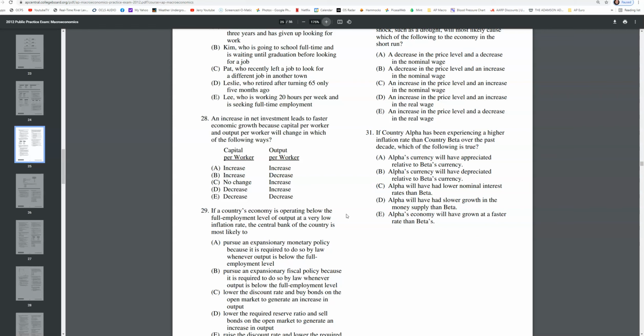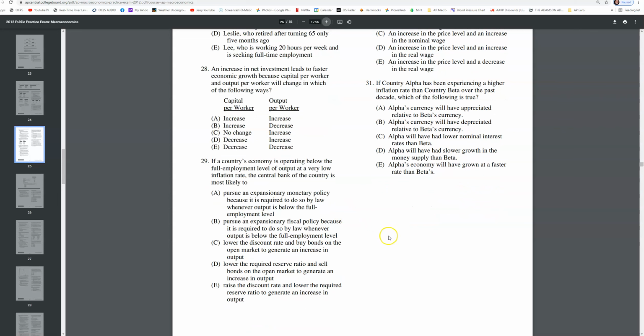So if they just increase that, the capital per worker is going to increase. And if workers, let's say before they were using $100,000 worth of machinery to get their job done, and now they have $130,000 worth of machinery, they dang sure ought to be able to get more work done. So output per worker is also going to increase. So the answer is A, increase and increase.